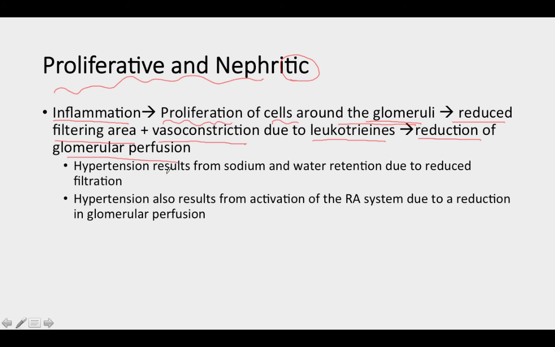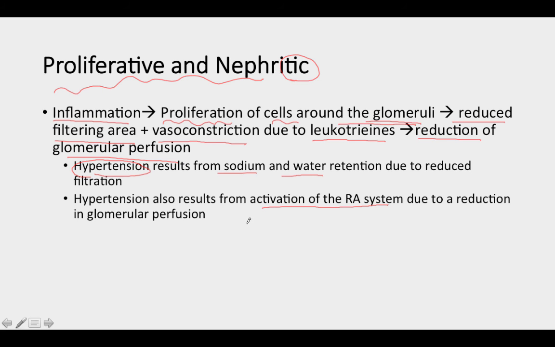If you have less glomerular perfusion, you have a retention of sodium and water, right? And that leads to hypertension, right? Now, because you're getting a reduced filtration rate, there's an activation of the renin-angiotensin system.